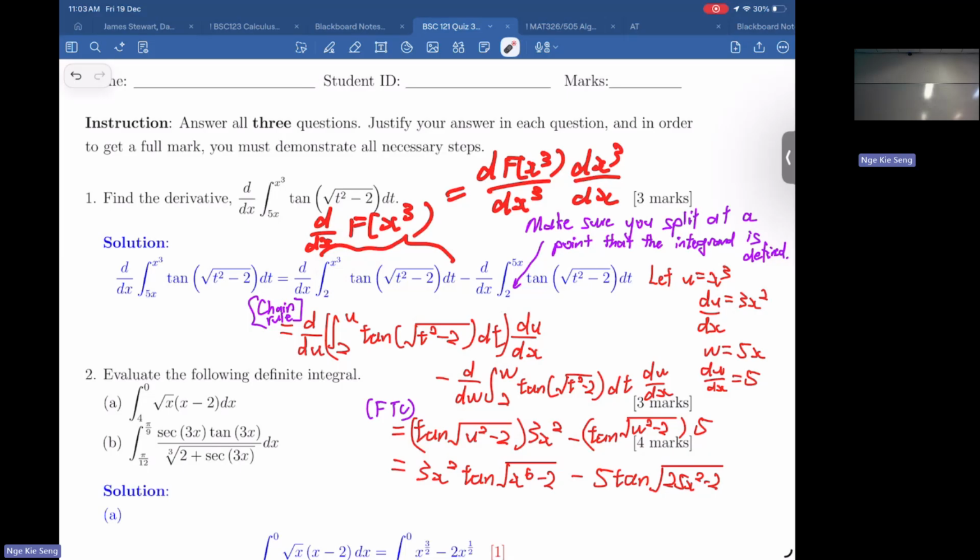A lot of you use that formula. Did any of you use the formula without showing the chain rule? I think a few of you used it. You are using the first fundamental theorem, but you just go straight to the last line.